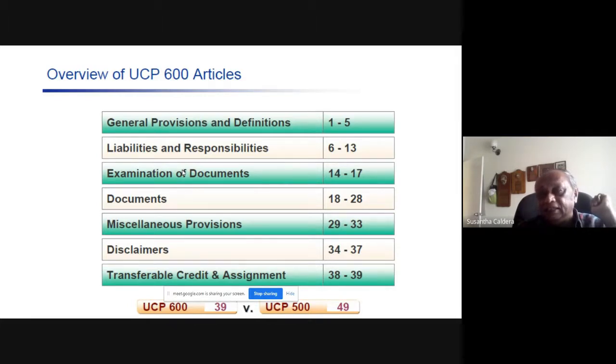Then documents, Article 18, and transport documents, 19 to 25. Then comes insurance, 28. Miscellaneous provisions, 29 to 33. Disclaimers, 34 to 37. And transferable credit and assignments, 38 and 39.